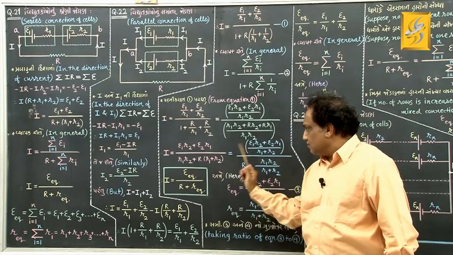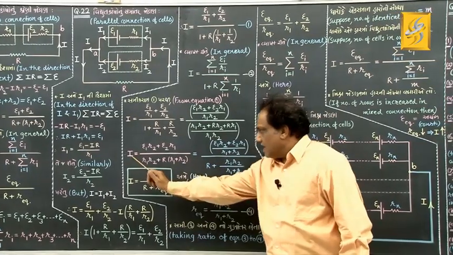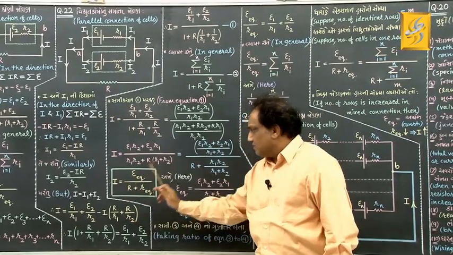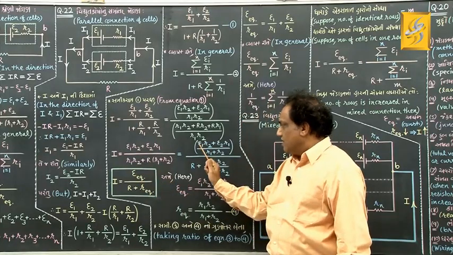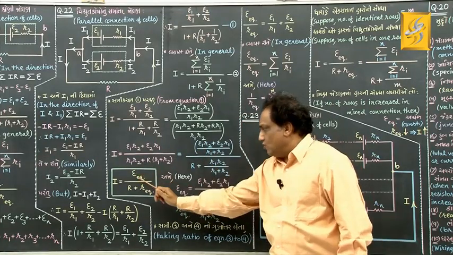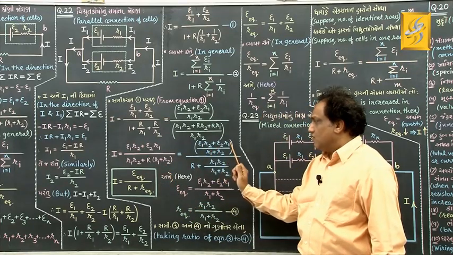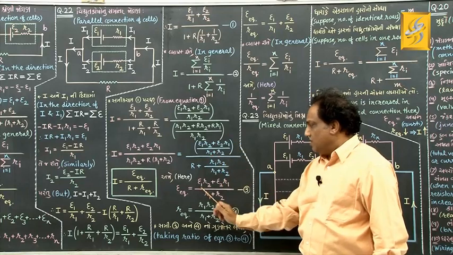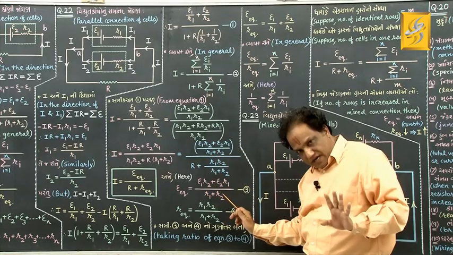Now just compare these two. If you compare these two, I equals to I, so this numerator must be equal to this numerator, that is EEQ must be E1 R2 plus E2 R1 upon R1 plus R2, correct.